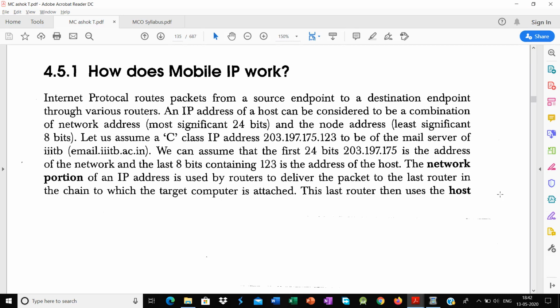Okay. So for your understanding, there are so many classes in which the IP addresses are distributed: class A, class B, class C, and class D. So let us take an example of a class C IP address where the value is given to you like 203.197.175.123 of the mail server.